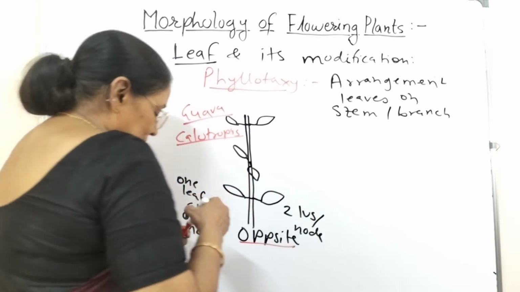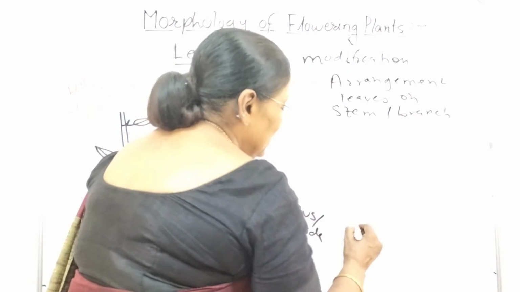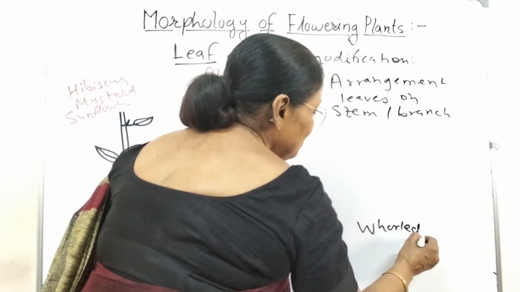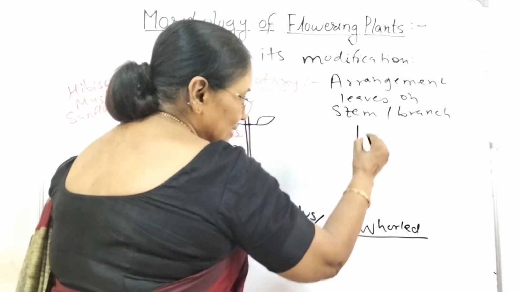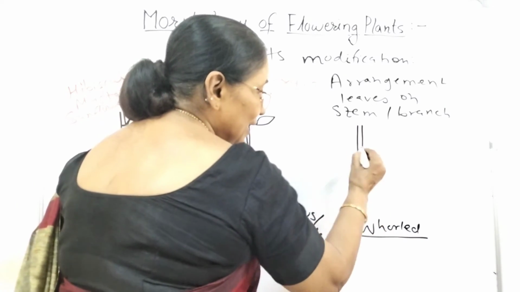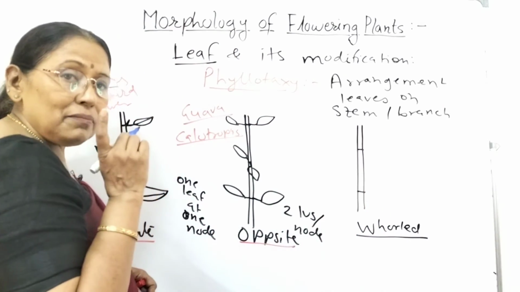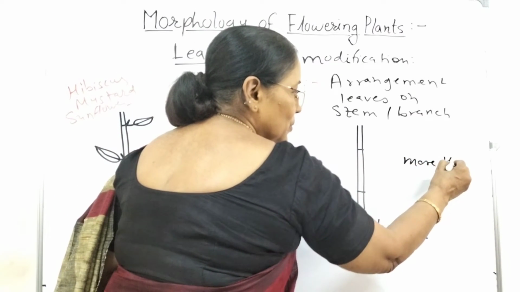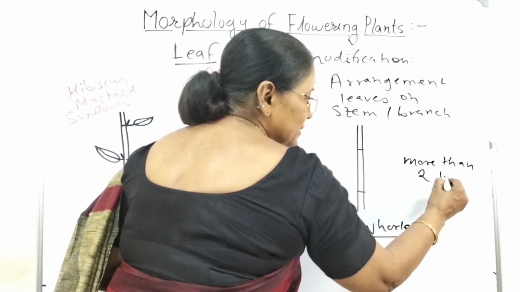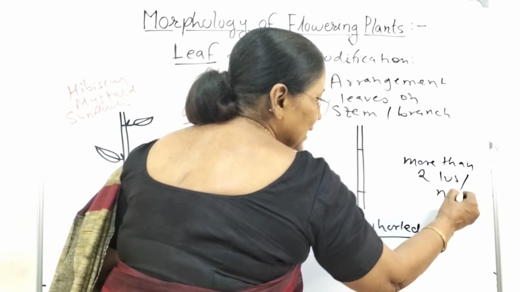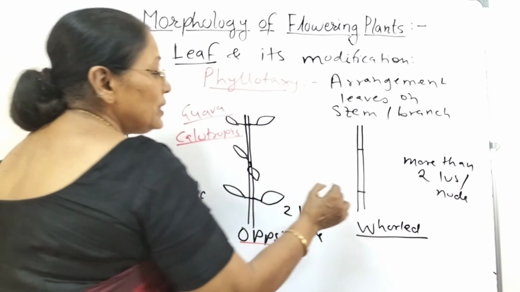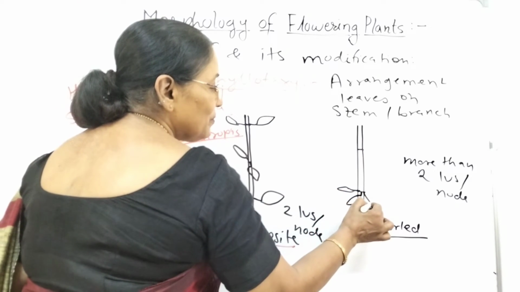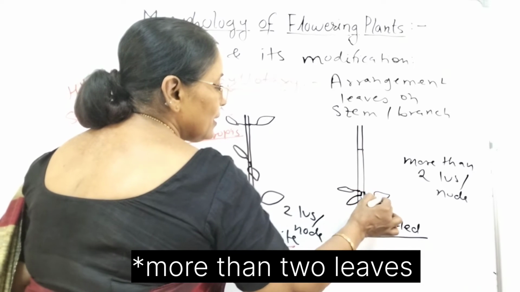Now what is whorl Phyllotaxy? Whorl, the name itself signifies that this is the stem, these are its nodes, then from each node more than two leaves per node. More than two leaves per node. So what appearance will it give? So more than one leaves are there.